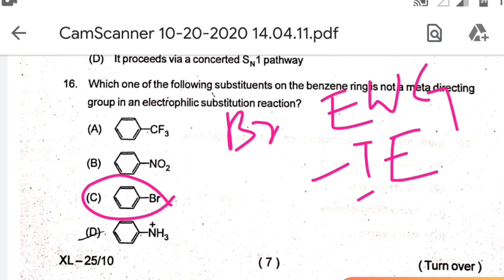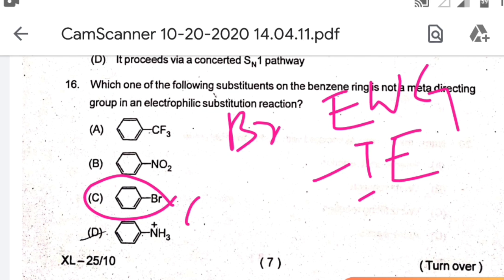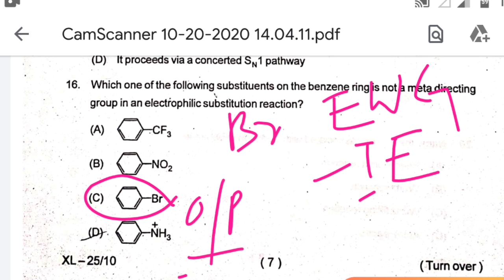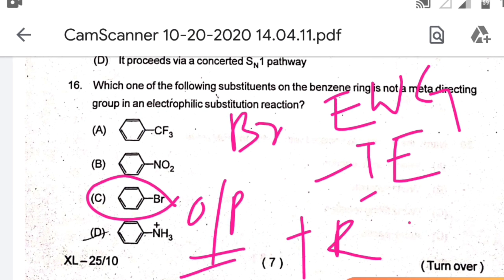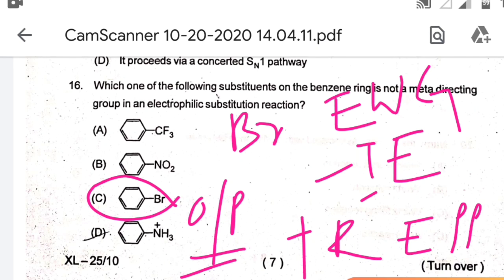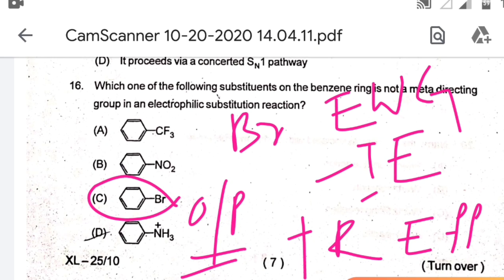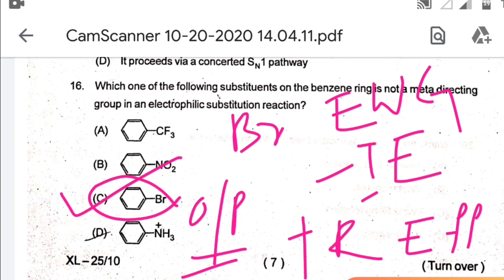But this is an ortho-para directing group. Remember this. This is an ortho-para directing group because of your plus R effect. So the correct answer for this question is C.